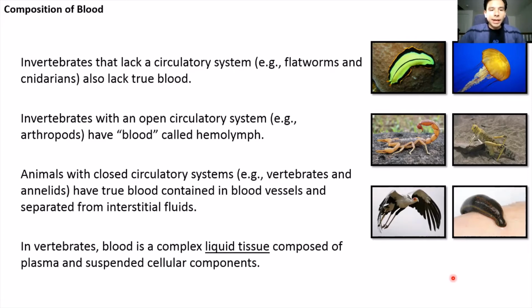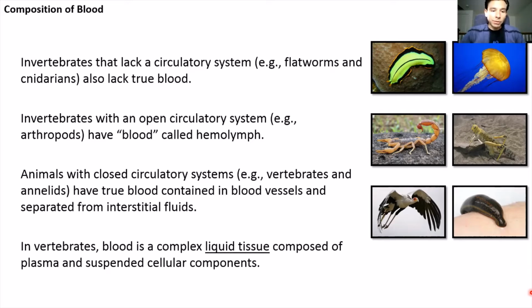Some animals, like arthropods, have a type of blood called a hemolymph, but they have an open circulatory system. So they have some blood vessels, but they kind of just dump out into this body cavity, and so it's not true blood as we think of blood being the main fluid of a closed circulatory system, like it occurs in vertebrates and annelids.